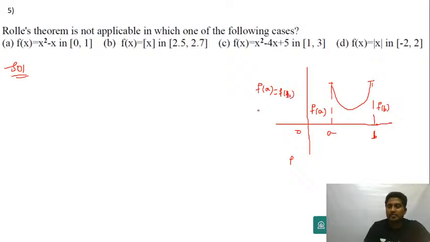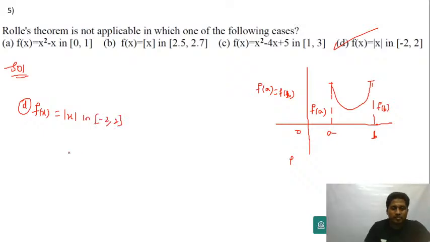Now listen. Rolle's theorem is not applicable in which of the following cases? It should be option D only, because why? Suppose option D, f of x is equal to modulus of x in the closed interval -2 to +2.